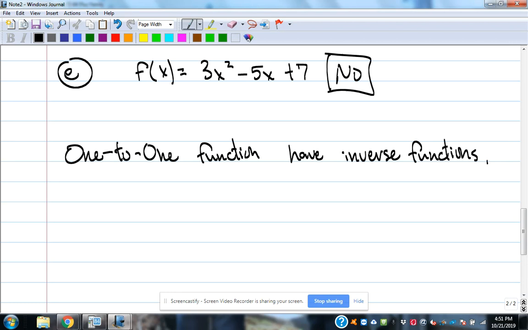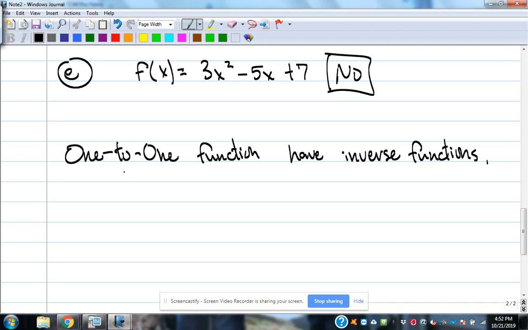Like that parabola in example E, it's a function. We could find an inverse of that, but the inverse isn't necessarily a function. A one-to-one function is pretty special because the original is a function and its inverse is also a function. That's why they're special, and we spend a whole section talking about them. So one-to-one functions have inverse functions, so they meet the criteria backwards and forwards of being a function.